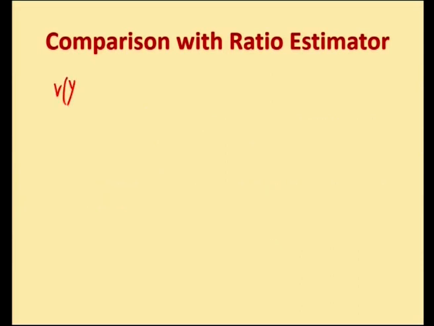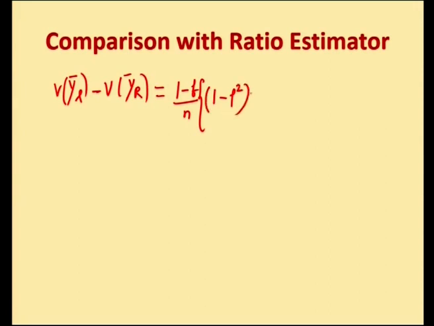Variance of the regression estimator minus variance of the ratio estimator is equal to 1 minus f by n into 1 minus rho square s y squared minus s y squared plus 2 R rho s y s x minus R squared s x square.